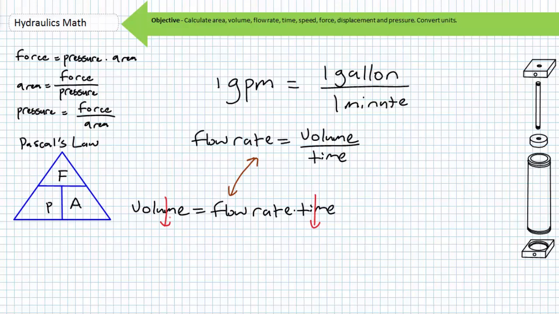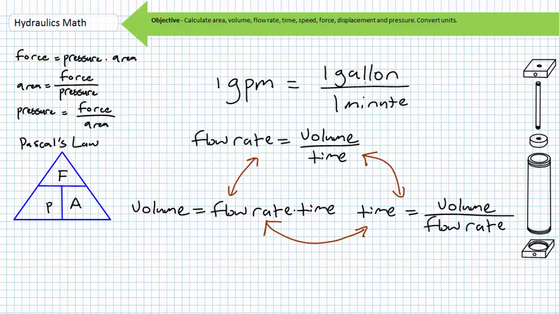It makes sense. Another equally valid rearrangement of these concepts tells us that time is units of volume divided by units of flow. This three-variable relationship governs the actuation time, or the speed, of a hydraulic actuator. Flow, for some inexplicable reason, is often conceptually expressed as Q.